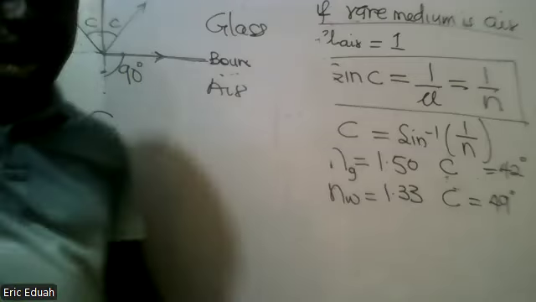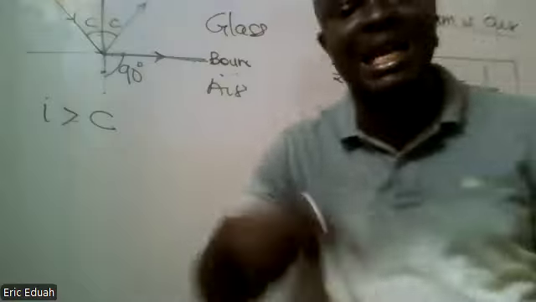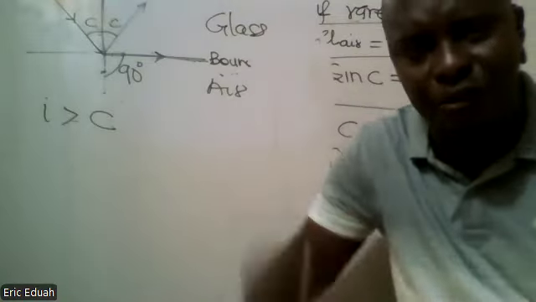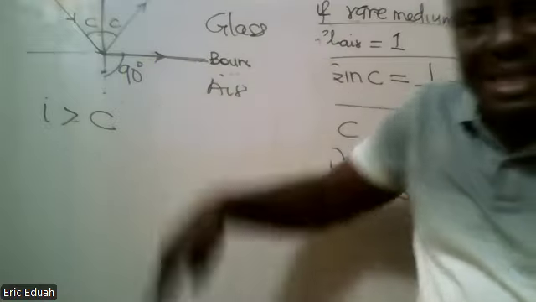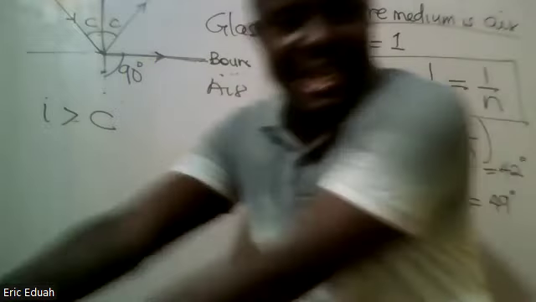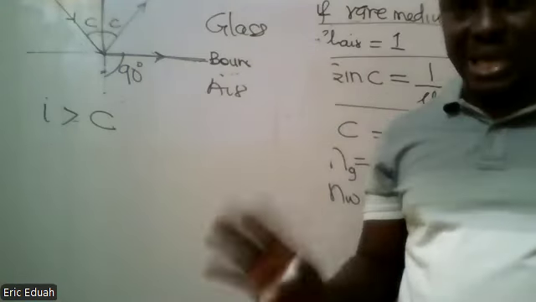So for TIR to occur, the angle of incidence must be greater than the critical angle of the material. But I is equal to C will easily help us to get there.